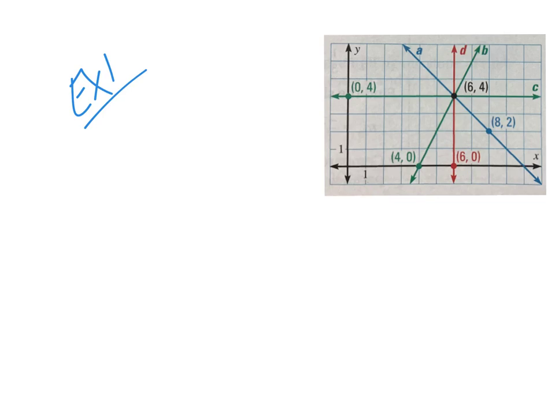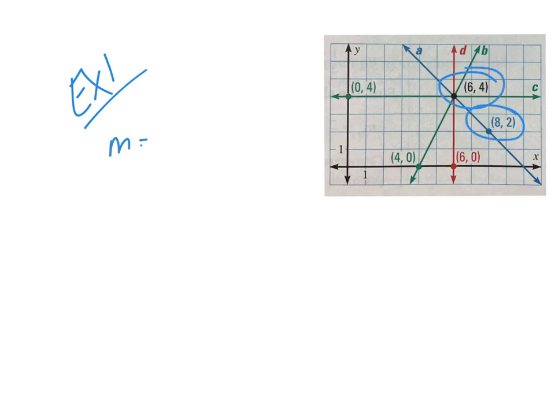First of all, looking at the blue line, is that a positive, negative? Oh, it's a negative slope. Very good. So do we have 2 points on this line? Yes, we have 6, 4 and 8, 2.